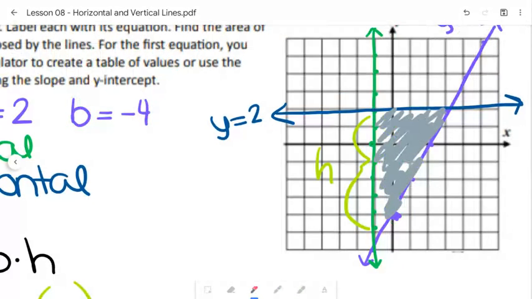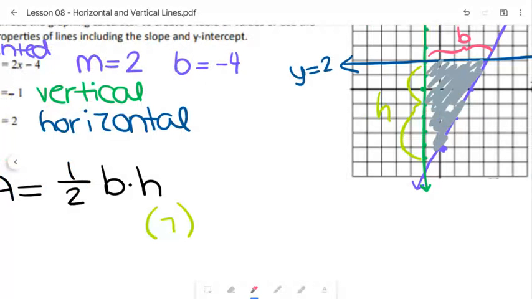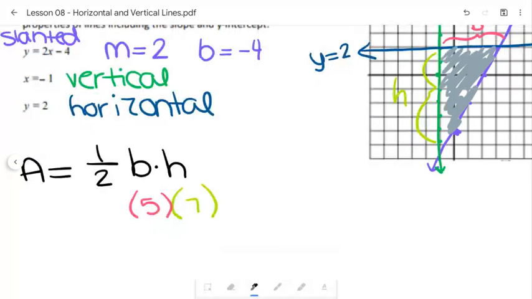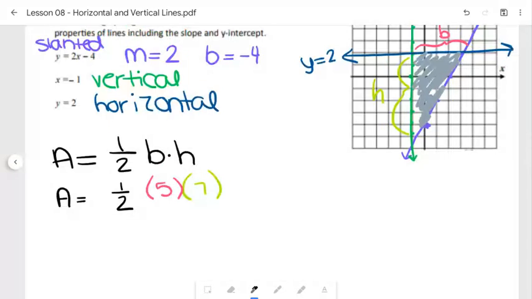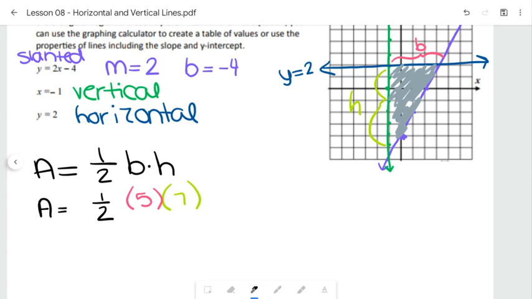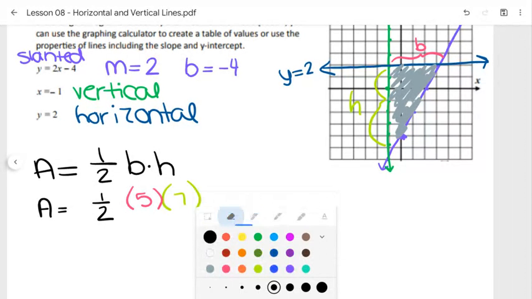The base is going to be this piece here. So I'm looking at 1, 2, 3, 4, 5. And then I just plug in here. Oh, you know what? I'm just looking quick. I counted wrong on that first one.